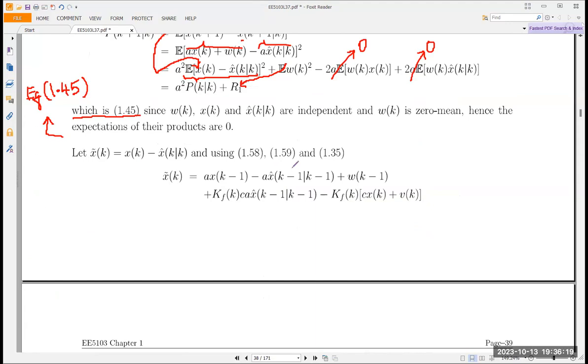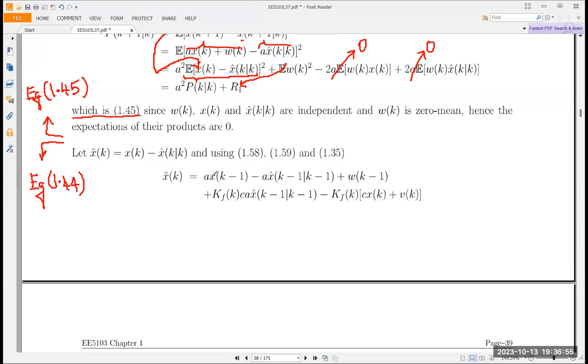So now we will deal with 1.44, which is more involved. So now we will deal with equation 1.44. So to simplify the writing, the estimation error between the estimate and the true state, I put it x tilde. All right. If that is the case, then you take this 58, 59, and 35.